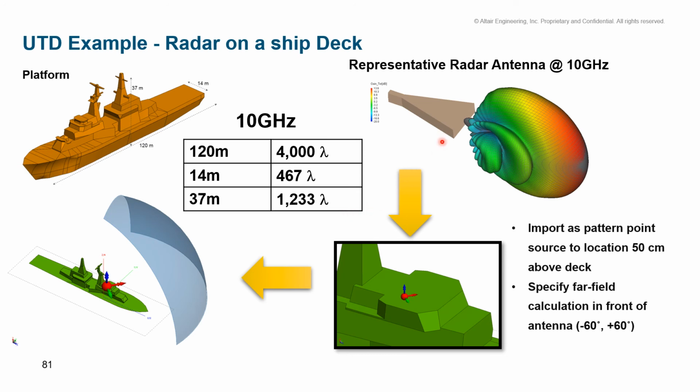So we created a radar antenna like a fan beam, using a sectorial horn to represent it, and we could place that on the deck of the ship and calculate the pattern, and then see when you rotate this source, how do these obstructions affect your radiation pattern performance.